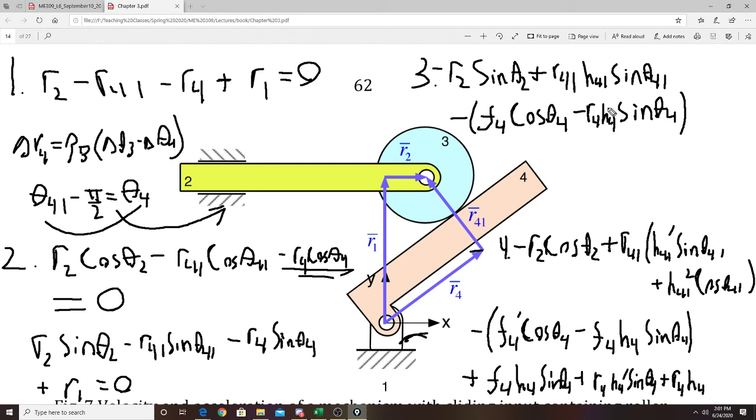So R4 H4 squared cosine theta 4. So do you see how this very small equation can get rather large very fast?